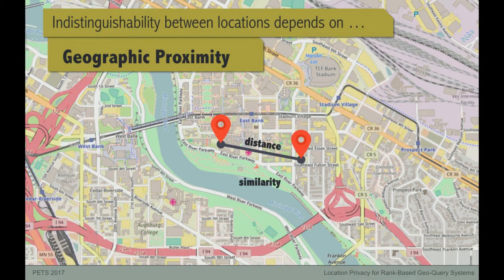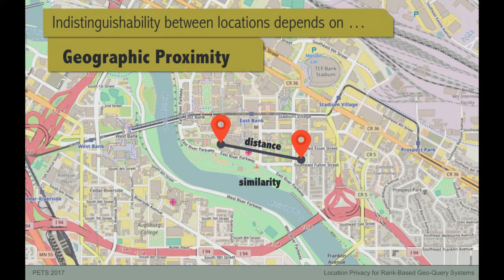And in Geo Indistinguishability, that would be the distance between the two locations. So what it means is that if the locations are closer, then the distinguishability ratio will be closer to 1. So it will be more difficult for you to tell which location was used to generate the output the closer they are. Okay?